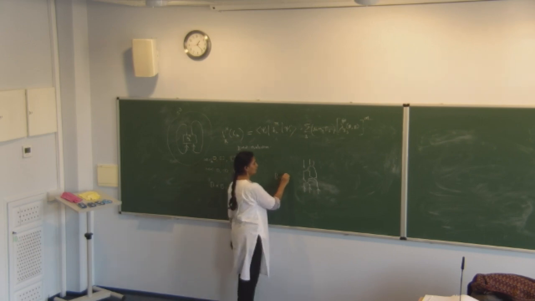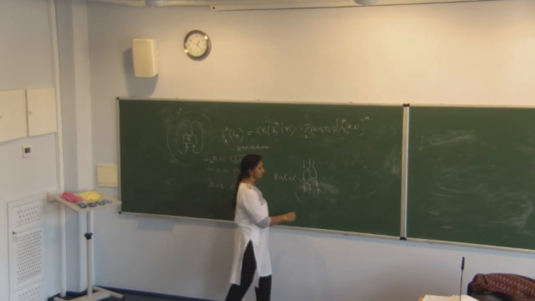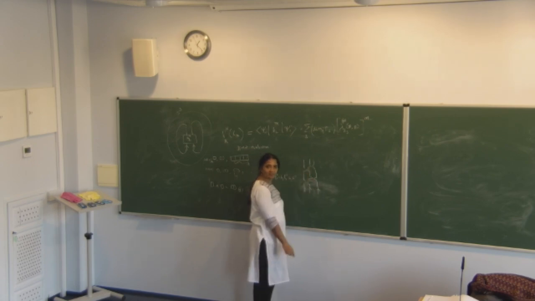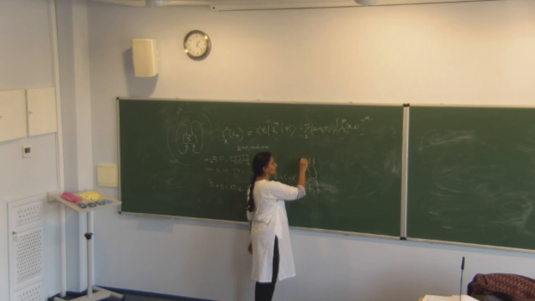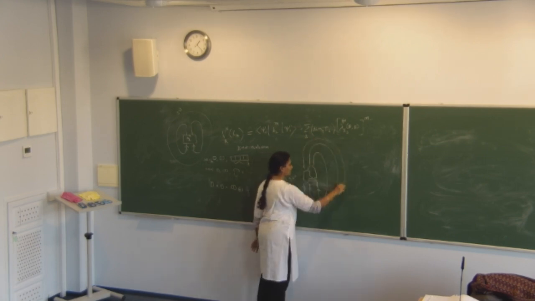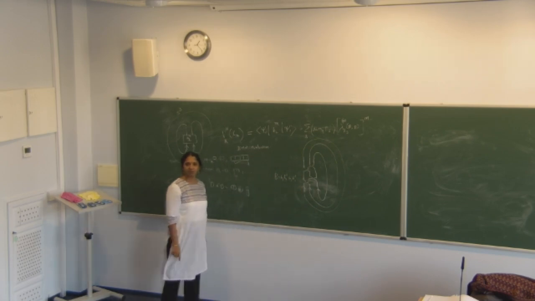And then we close it. By closing I mean the closure of a braid by identifying these points. So I can identify this way, this way, and this way. This ordering you can draw whichever way you would like to.